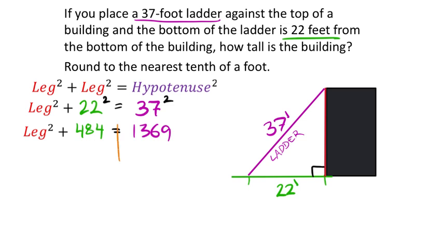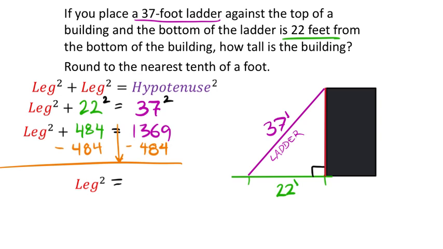So that is what I will do. Next up, what we need is to take that leg squared and just be able to drop it like this so that we can find out what that leg to the power of 2 is going to equal, meaning that we don't want the 484 there added to the leg squared. So I'm going to subtract 484 from both sides. Minus 484.